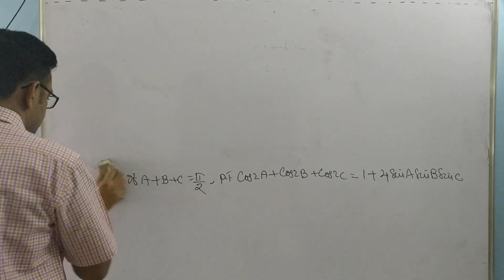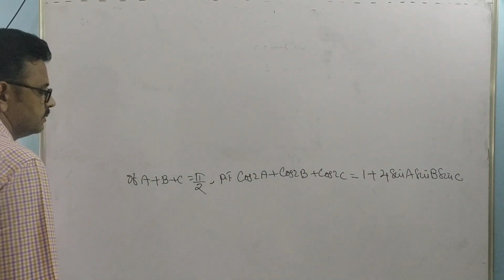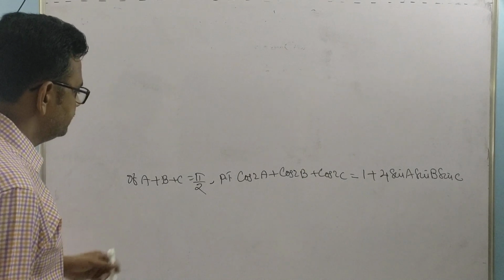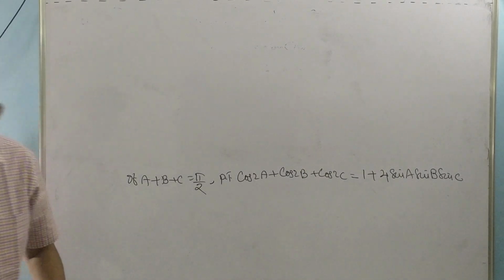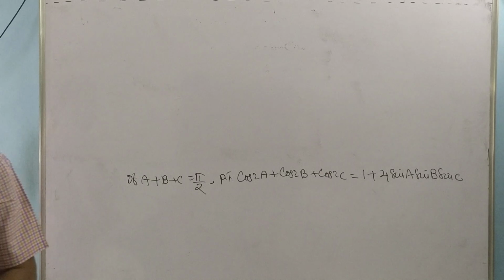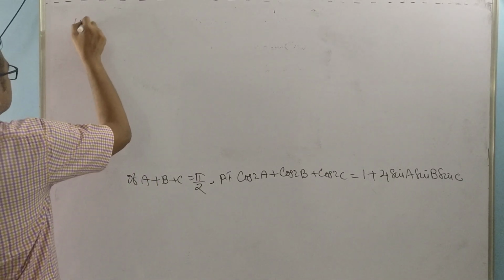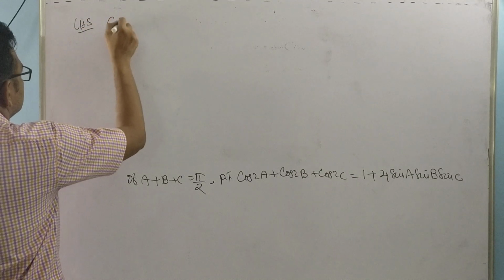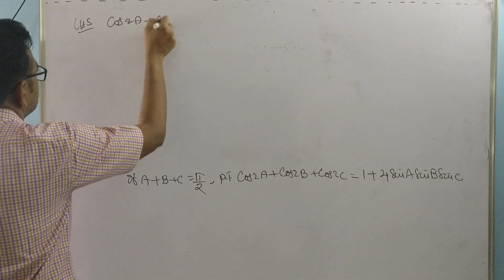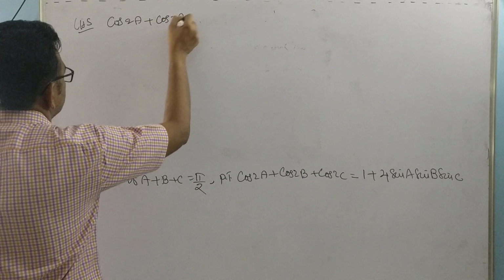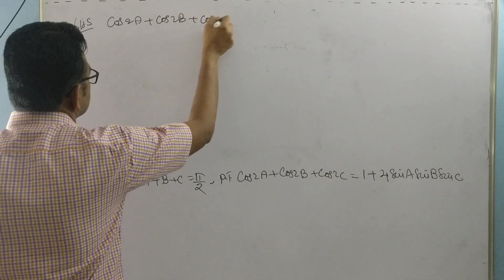Now this one, A plus B plus C equal to given pi by 2. Now LHS, cos 2A plus cos 2B plus cos 2C.